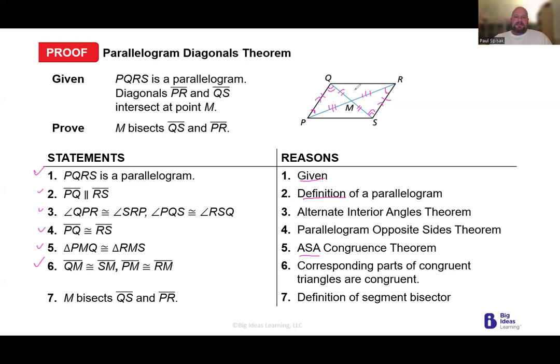Well, now that I have those on there, we can say that M is the bisector of those two lines, because if these two are congruent, M is now our midpoint. And it's a segment bisector. So M bisects QS and PR because of the definition of segment bisector. And that's it.